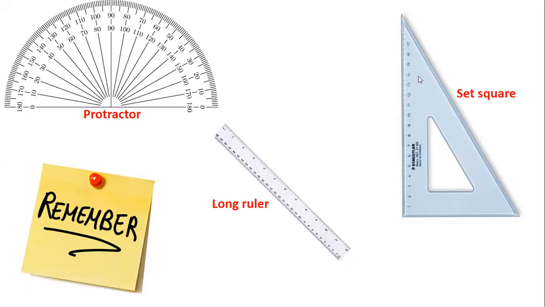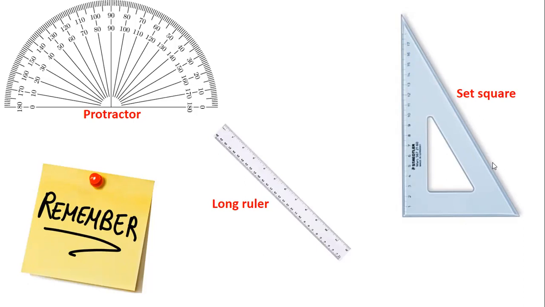As you can see in the set square, I have 3 lines. I have a short horizontal line, I have a long vertical line, and I have an oblique line. So we have 3 kinds of lines in this set square: horizontal, vertical, oblique. The oblique line, I don't need it in drawing a perpendicular.